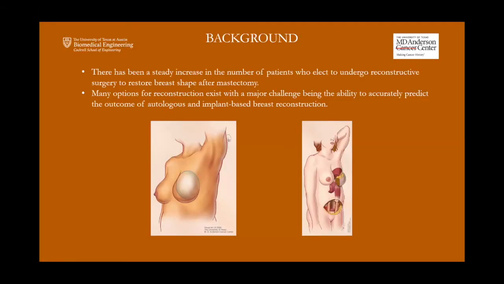So to start off with a background, as you all know, surgery is currently the primary treatment for patients with breast cancer, with the number of patients choosing to reconstruct their breast after surgery on the increase. There are several options for reconstructive surgeries that include autologous and implant-based reconstruction. However, predicting the outcome of these reconstructive procedures is not always possible.